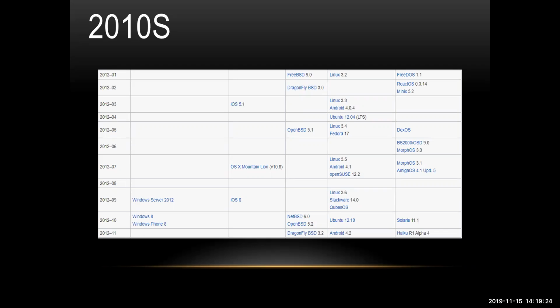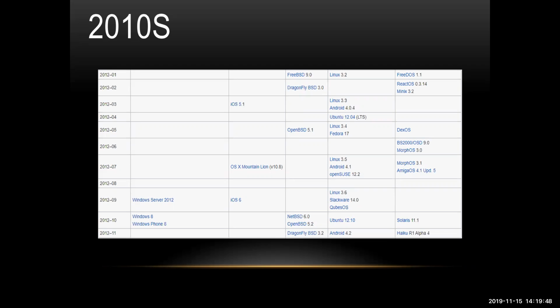And then March, we had iOS 5.1, and then Linux 3.3, and Android 4.0.4. April, we had Ubuntu 12.04. Then May, we had OpenBSD 5.1, and Linux 3.4, and Fedora 17.